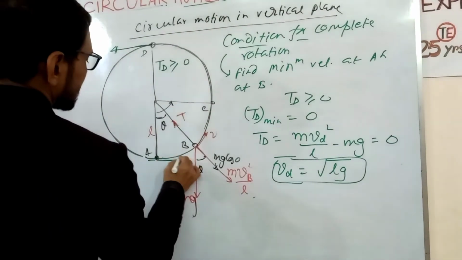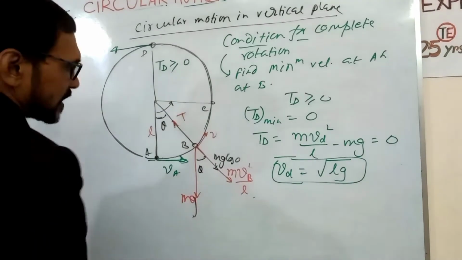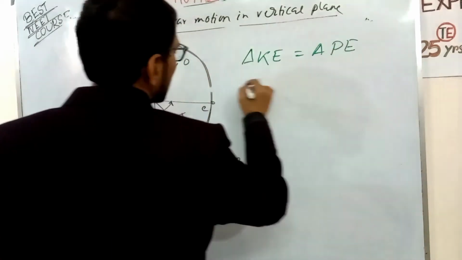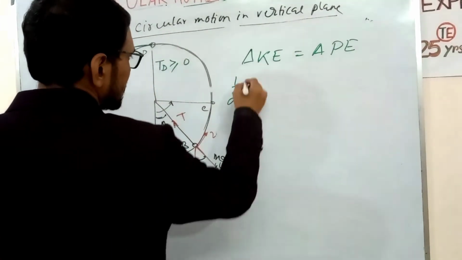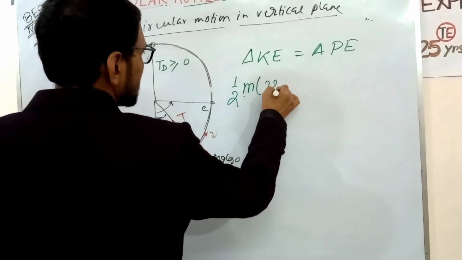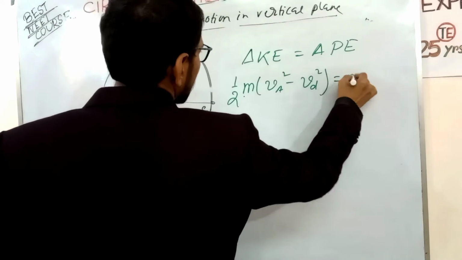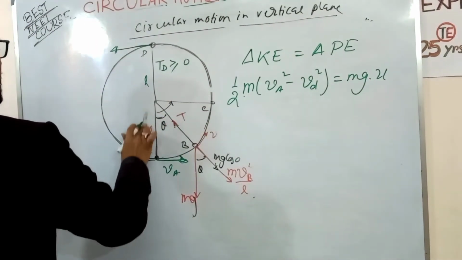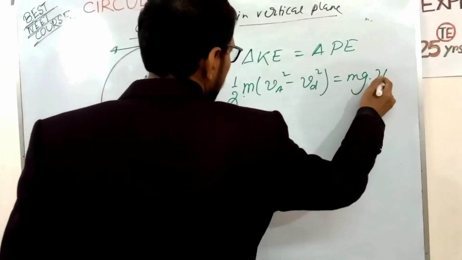Now to get the velocity at A point, we have to remember that change of kinetic energy equal to change of potential energy. So half m into v square minus Vd square equal to change of potential energy mg into 2l, because the length is l, so the total height here is 2l.